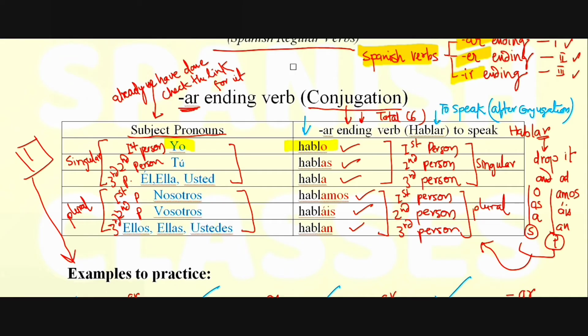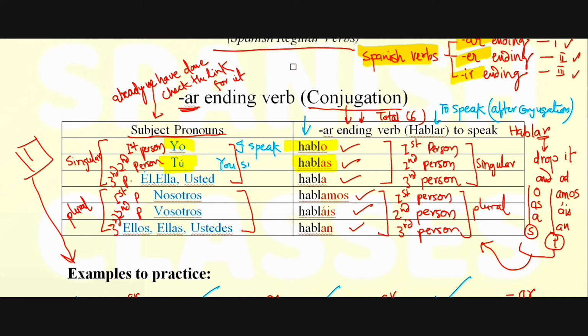And meaning changes. Yo hablo becomes I speak, because yo means I. Yo hablo, I speak. Tú hablas. Tú means second person, you. You speak.